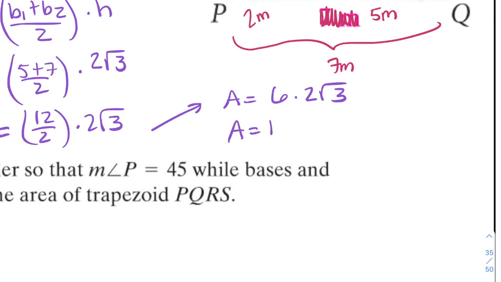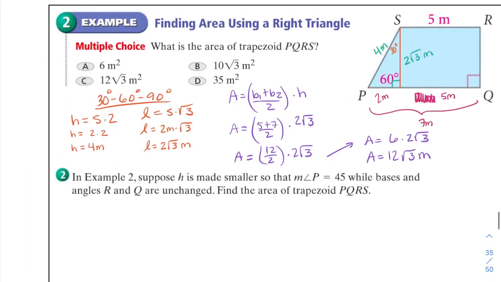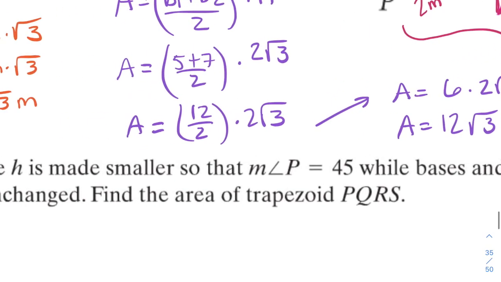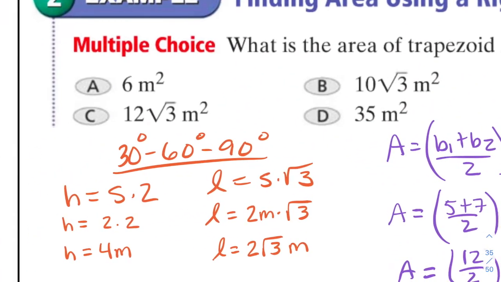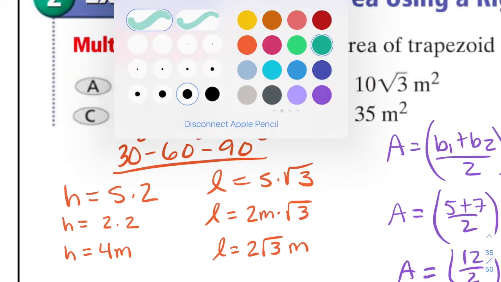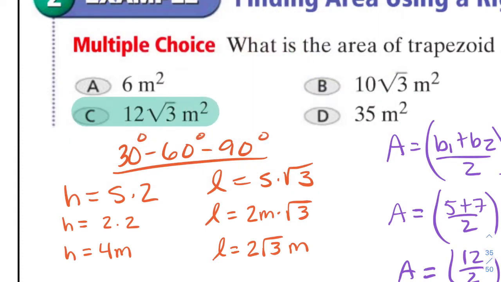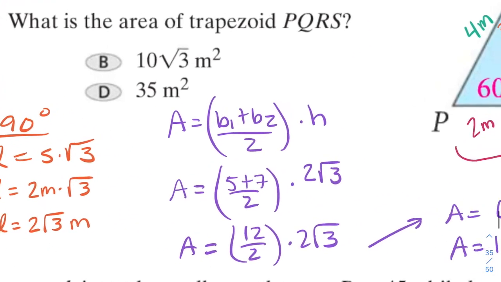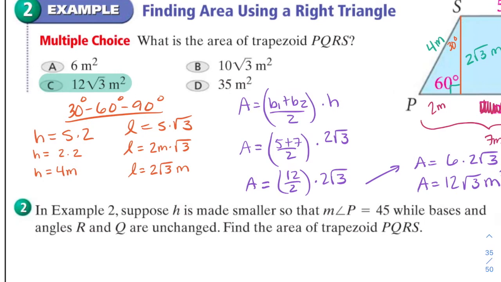So area equals 12 square roots of 3 meters, and meters squared, because it's meters times meters. And it appears that that is one of the answers. There we are. It's strange, but it's in simplest radical form. And that's the way they wanted it.